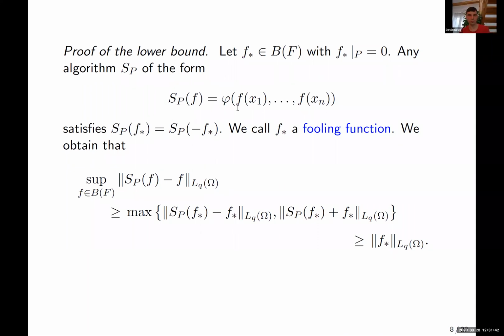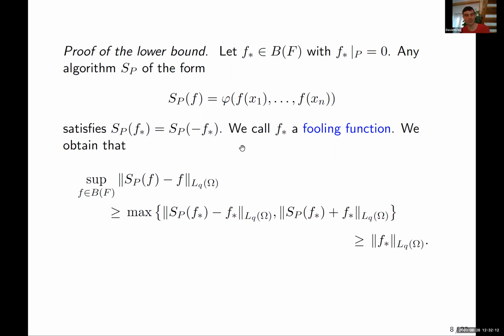Yes, you can do the same there actually. And the only important thing is that this class of functions, so in this case it would be the unit ball, but you can also consider other classes of functions, is convex and symmetric. We use the symmetry here. We take -f*, but we could also take i times f*, I guess.